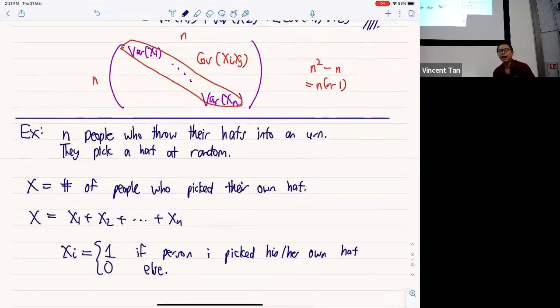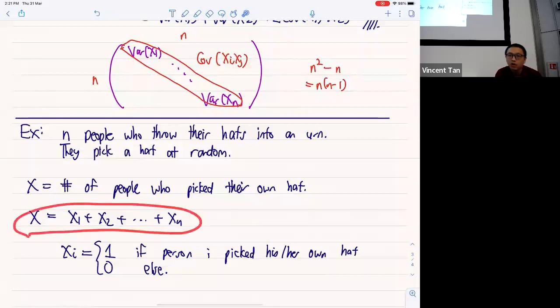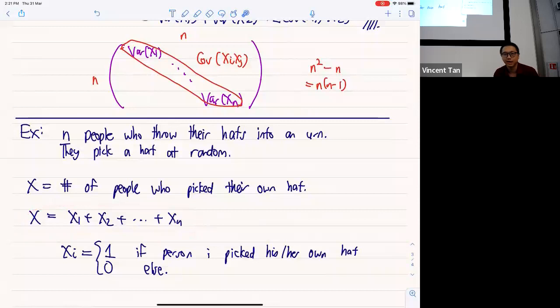So let's say i is David. If David picked his own hat, X David is equal to 1. Otherwise it's 0. So basically this counts the total number of people who pick their own hat. And we are interested in the expectation and variance of this random variable. Now, the first question you ask is, suppose we only have 2 people, n equals 2. Are X1 and X2 independent?